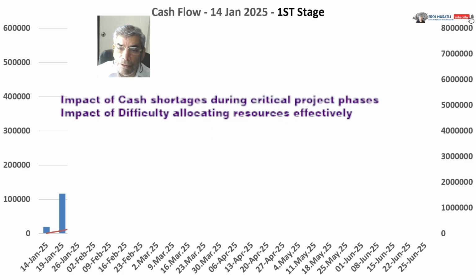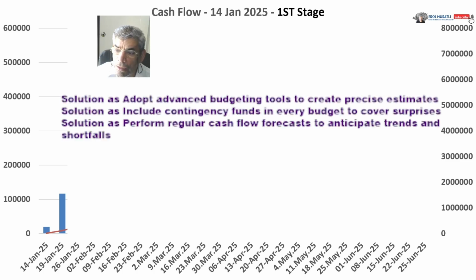The impacts are cash shortages during critical project phases and difficulty allocating resources effectively. The solution is to adopt advanced budgeting tools to create precise estimates, include contingency funds in every budget to cover surprises, and perform regular cash flow forecasts to anticipate trends and shortfalls.